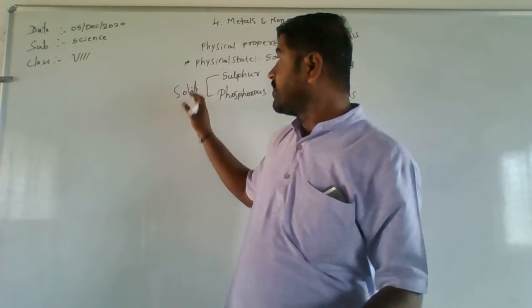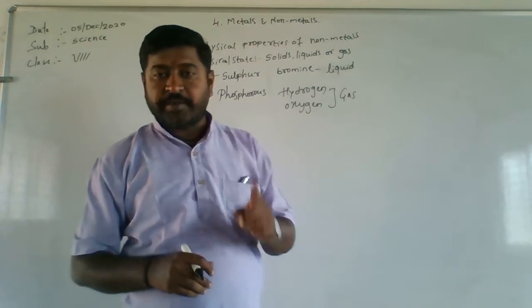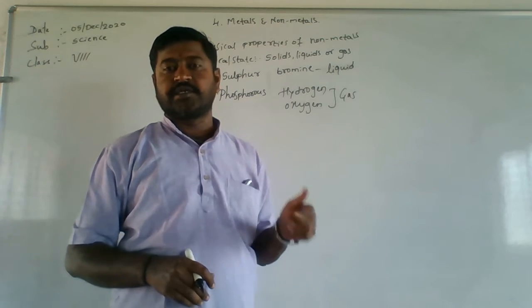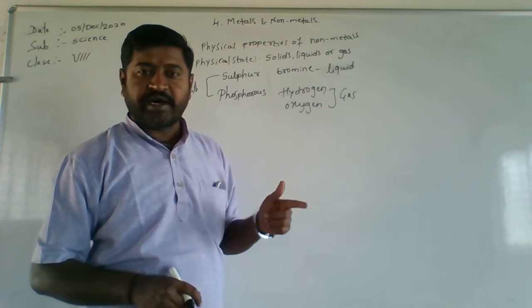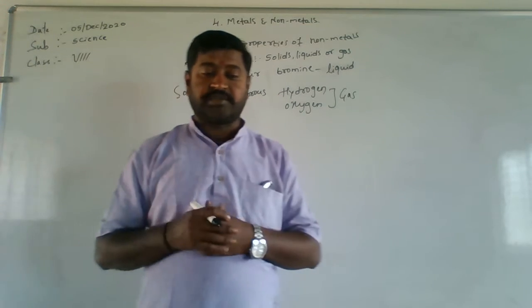So this is about the physical state of non-metals. Non-metals are available in all three states: solid, liquid, and gas. Solid, example sulfur and phosphorus; liquid, bromine; and gas, hydrogen and oxygen.